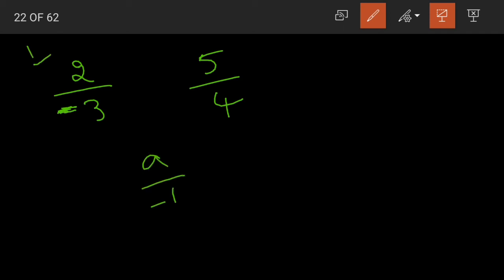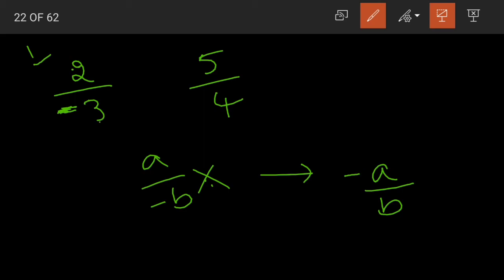Whenever we have two fractions to compare, that is a by b and c by d, and we have a negative denominator, it is in the form of a by minus b. But this is not our standard form. Our standard form of a negative fraction is minus a by b.